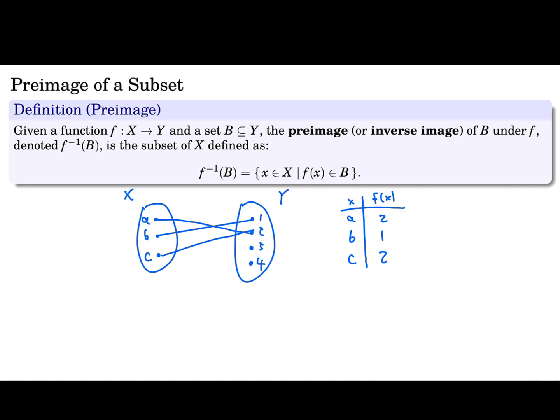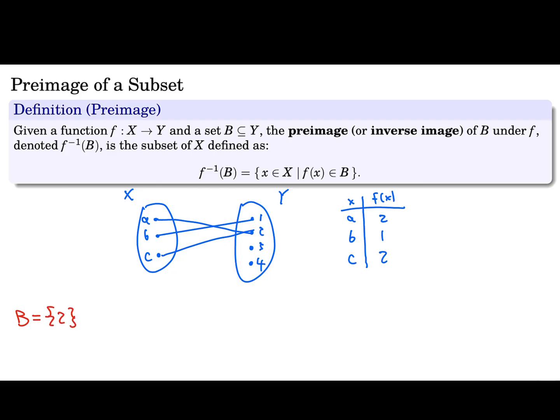And so now we can ask, what is the preimage of a subset? Let's do some examples here. Let's say that I choose the subset. The subset has to be a subset of the codomain. So let's say that B is equal to just the element 2 for now.